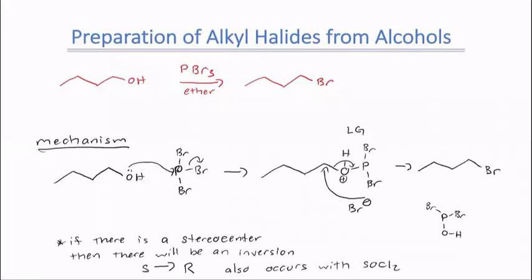And this works really well for primary and secondary alcohols. Doesn't work as well for tertiary ones because tertiary ones are really bulky around that carbon. So it's really hard for that bromine to come in and attack it.